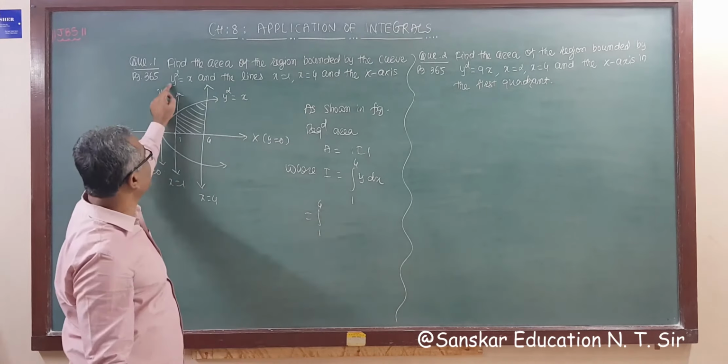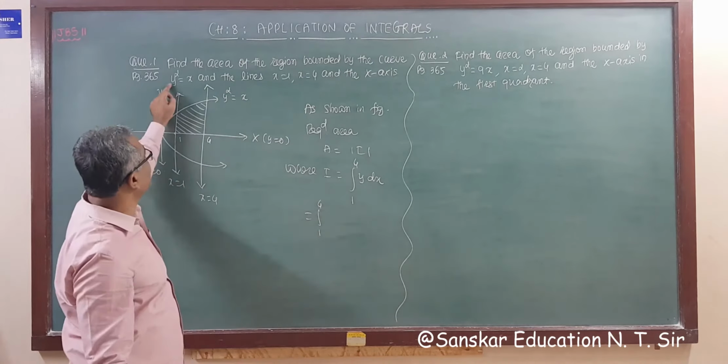So 2 cube is 8. So what do we get here? I is equal to 2 by 3 into 8 minus 1, that is 7. 7 into 2, so 14 by 3. So this is your I. Therefore, A is equal to 14 by 3. This is your answer. Got it?